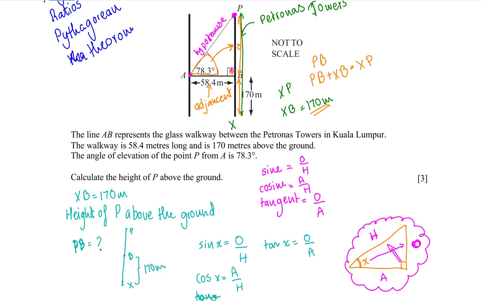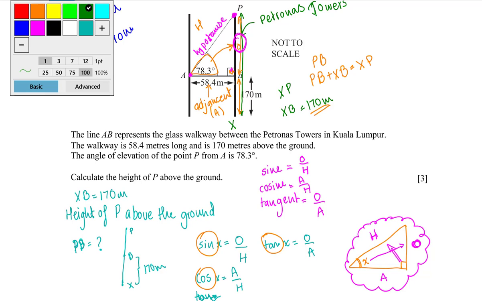This is opposite, this is hypotenuse, and this is adjacent. Now we need to use either sine, cosine, or tan of x. We don't have the hypotenuse and we don't have the opposite side. We do have the adjacent, and we need to find the opposite side. So which function contains both opposite and adjacent? It's tangent.